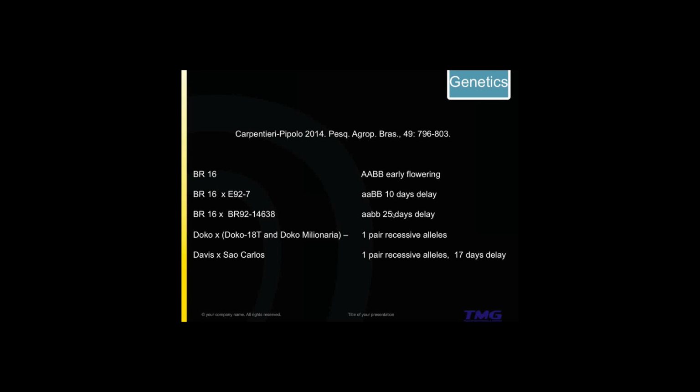That's what we have done with the TMG 1180 line. Those are probably small-effect genes that we were able to put together to get a decent flowering delay in central Brazil. So I think you can go either way.